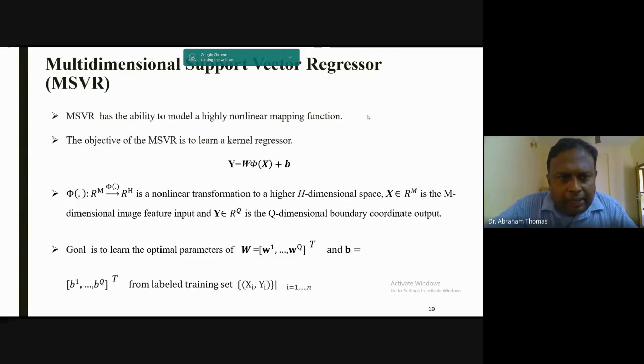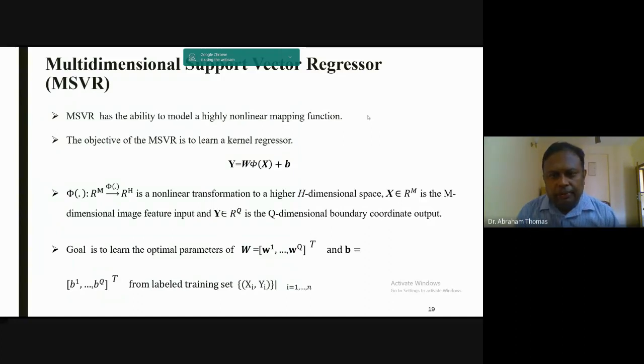Here phi is a mapping from R^m to R^H. M is the dimension of the feature vector, which is 784, and H is a very large number, a high dimensional Euclidean space. So phi is a nonlinear transformation to a higher H-dimensional vector space.